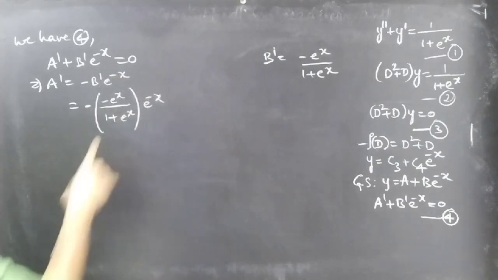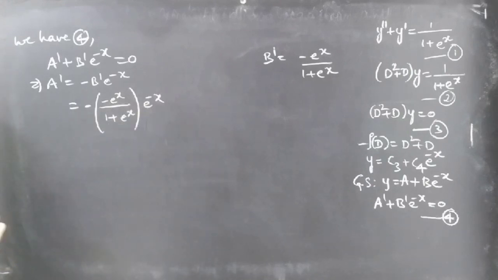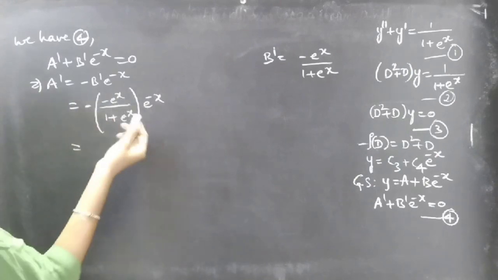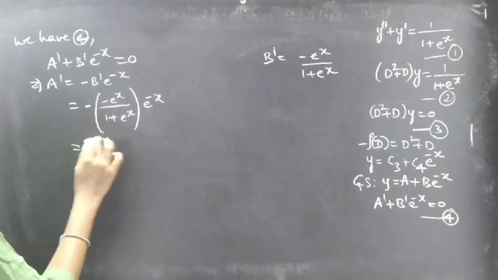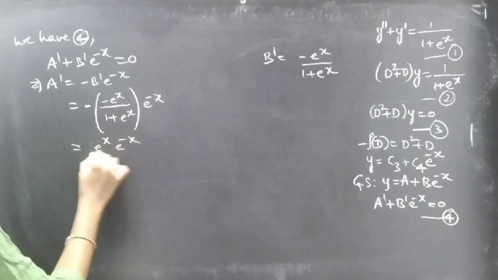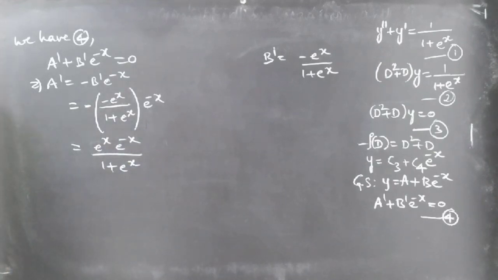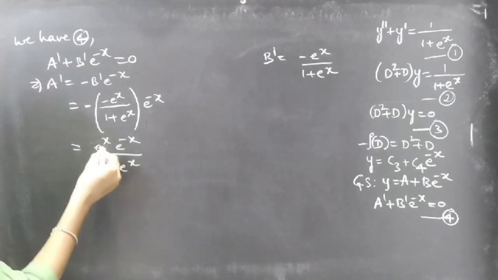Here you're having e power x into e power minus x.